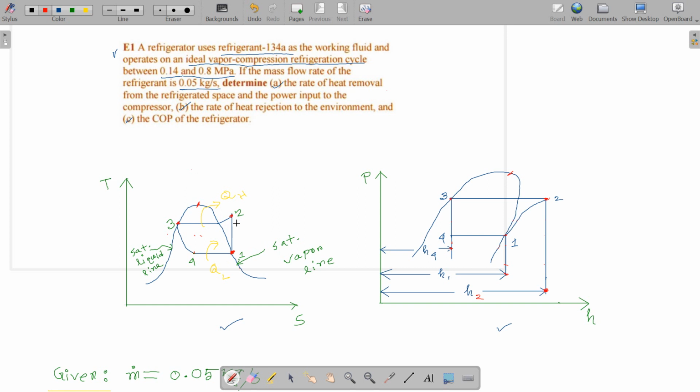Point 2 is situated in the superheated region. Point 3 is situated on the saturated liquid line, and point 4 is situated somewhere between this curve. So we can start now.